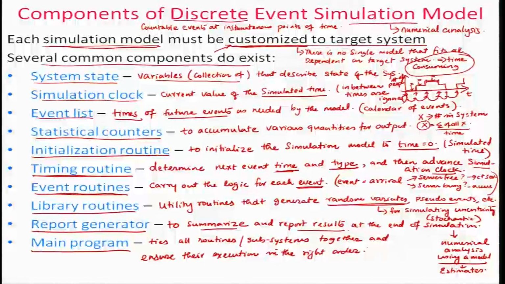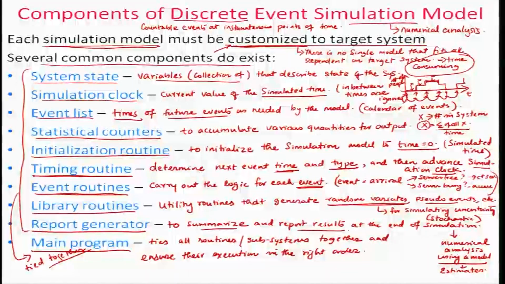Okay. That is what happens with the main program. So, all these kinds of routines that we talked about, all of these are tied together by the main program, and it ensures that they are executed in the correct order. So, this is how a complete simulation system works.